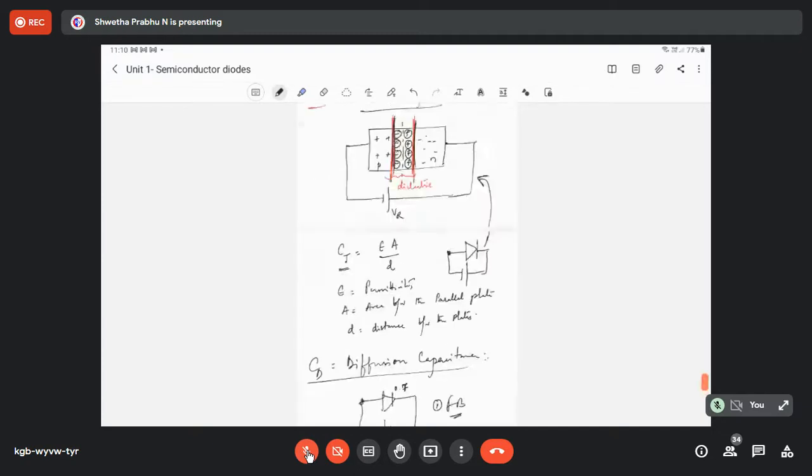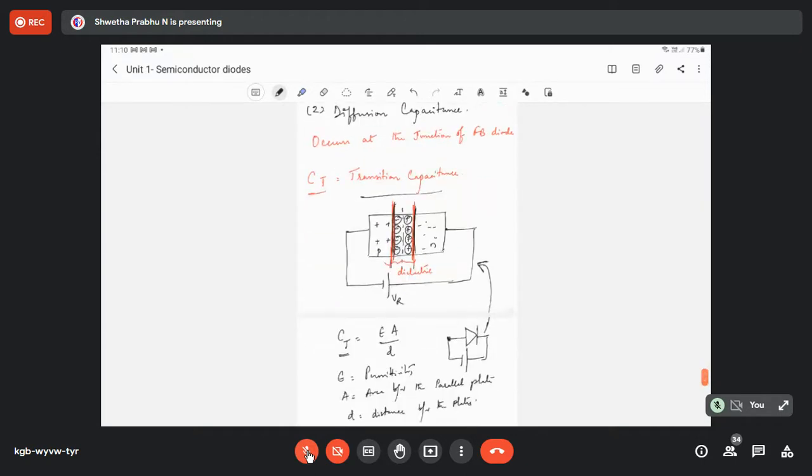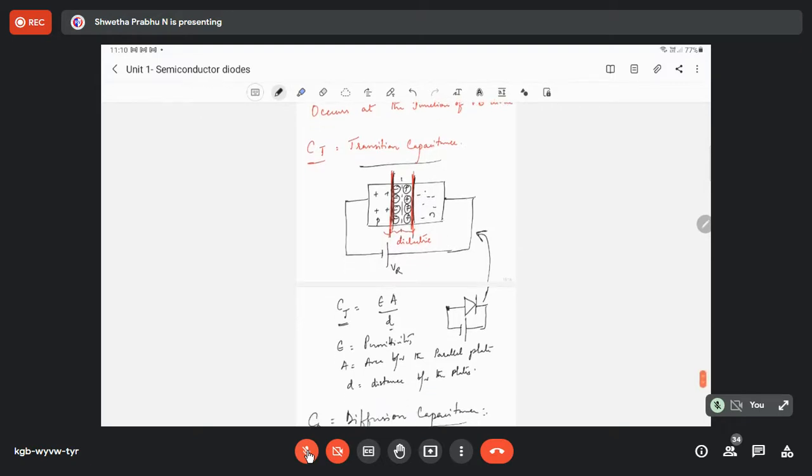Whereas under transition capacitance, what happens as the voltage increases? What happens with respect to D? The distance between the two parallel plates increases as you increase the value of voltage, correct?